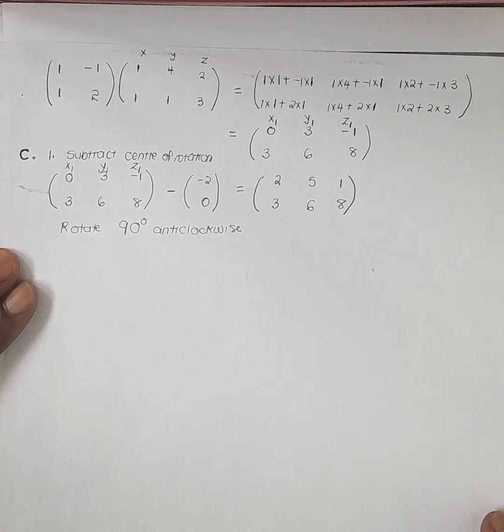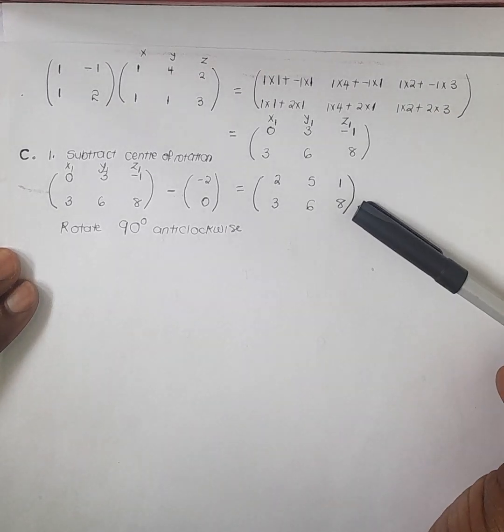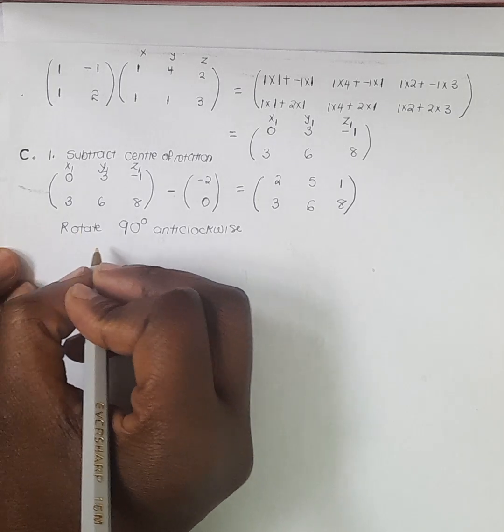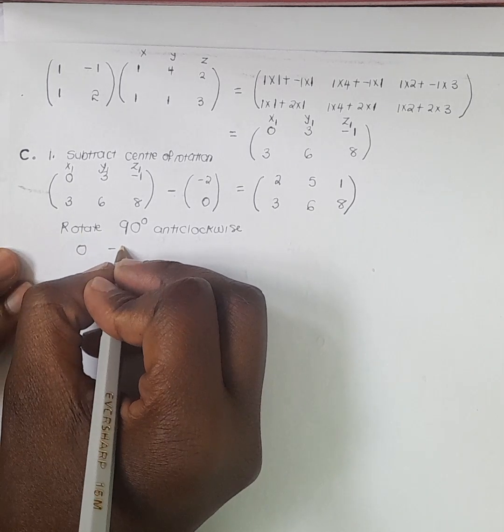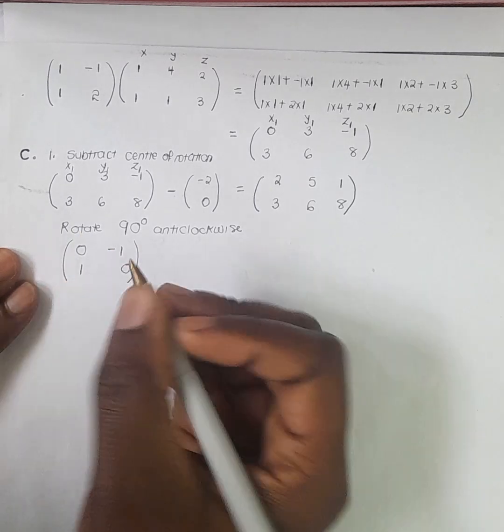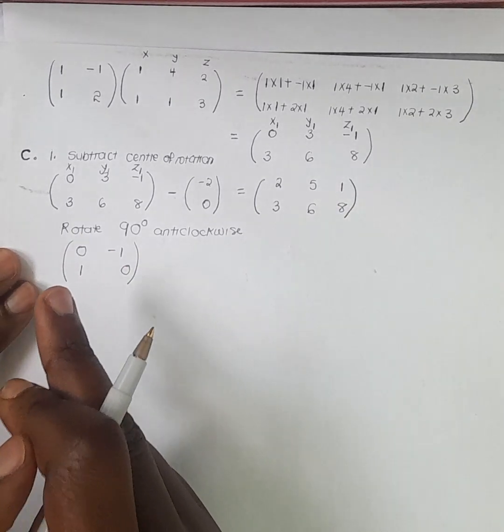And then the next step, we rotate this 90 degrees anticlockwise. For a 90 degrees anticlockwise rotation, the matrix used is 0 minus 1, 1, 0. We pre-multiply this matrix by this matrix.